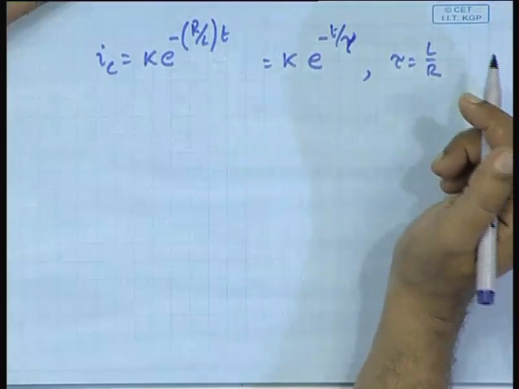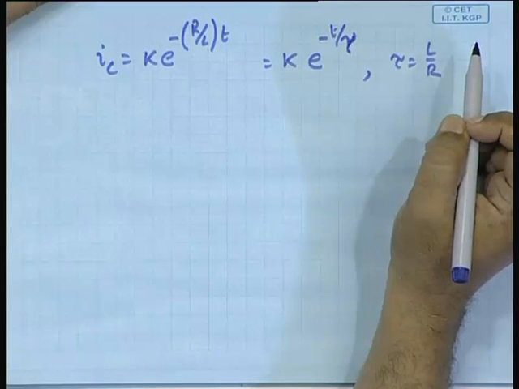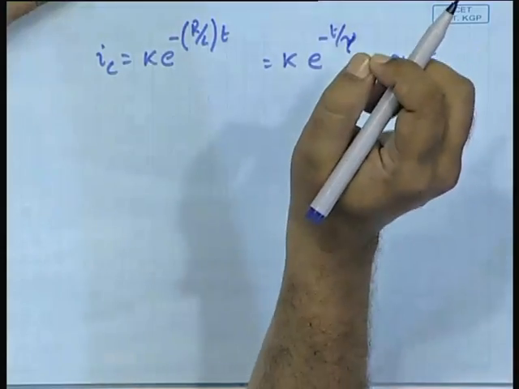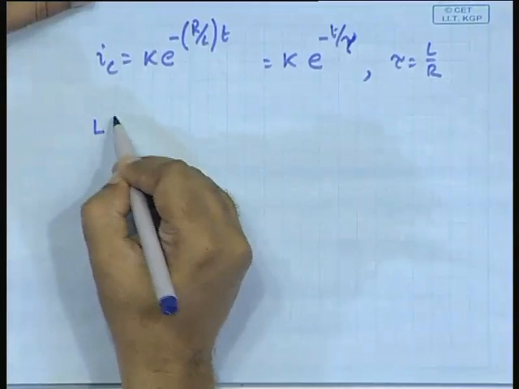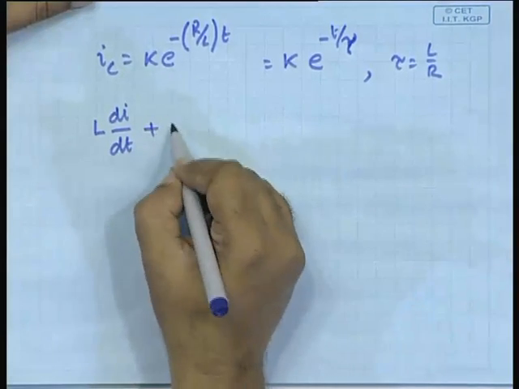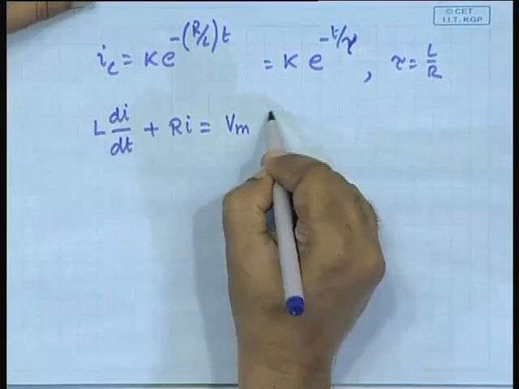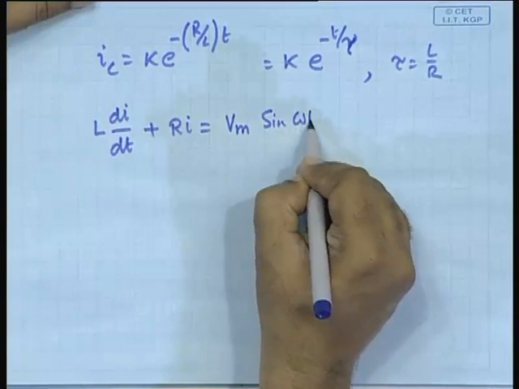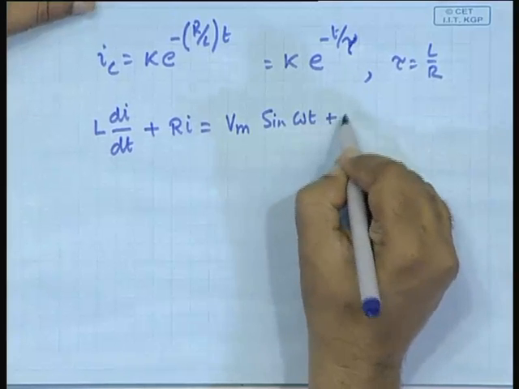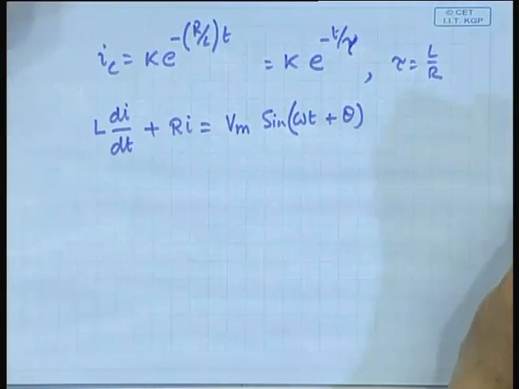Now suppose the sinusoid starts with some phase. If the sinusoid starts with some phase, it will be L dI/dt plus R I is equal to, then we will have to write V m sin (omega t plus some theta). Okay.